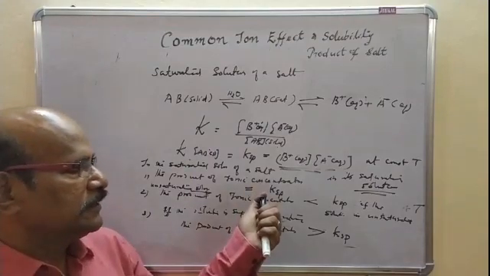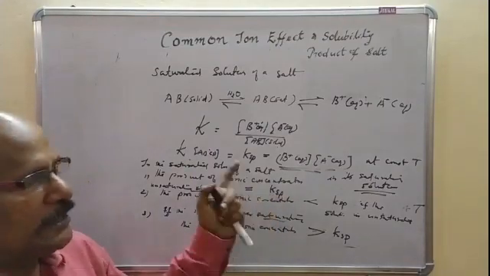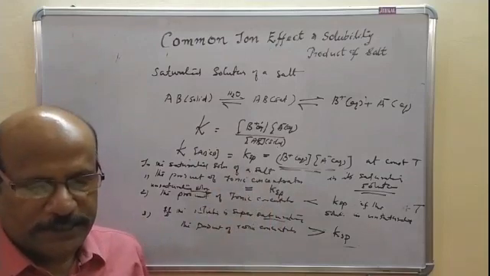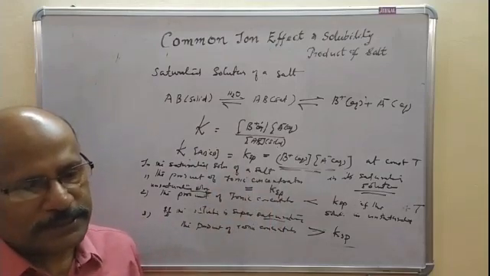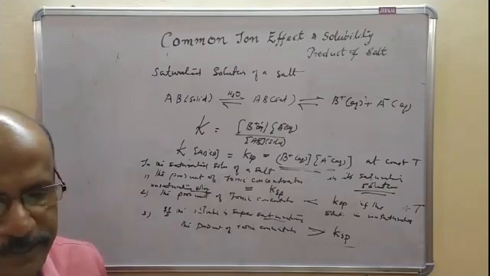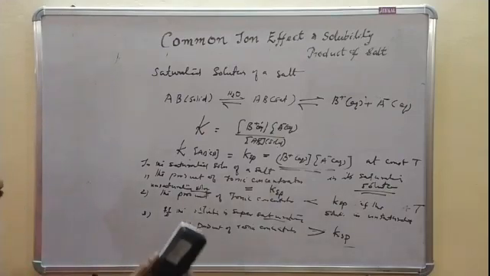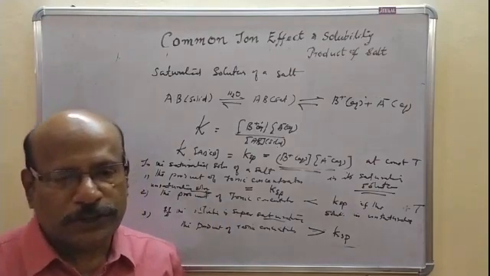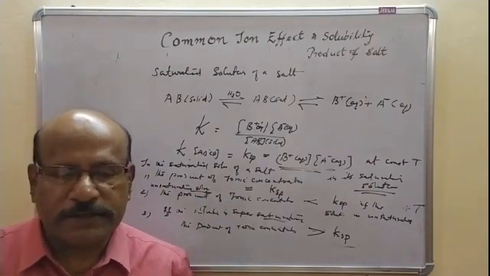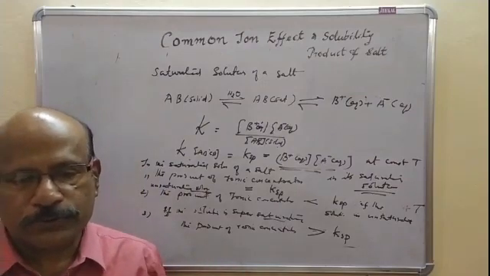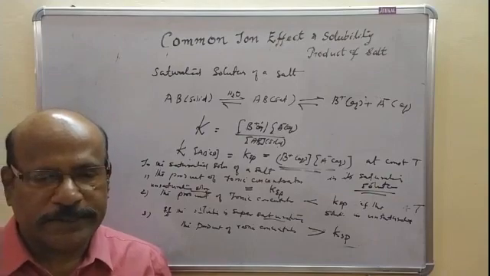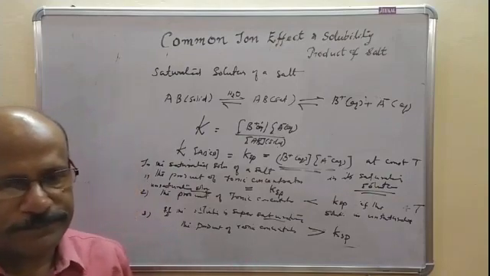That is, the saturated solution is a limiting case in which the salt is dissolved up to a maximum extent, so that there is an equilibrium between the ions of the salt and its undissolved part. On the other hand, in the unsaturated solution, the product of the ionic concentration is lesser than Ksp, which means that more salt is to get dissolved in the solution.